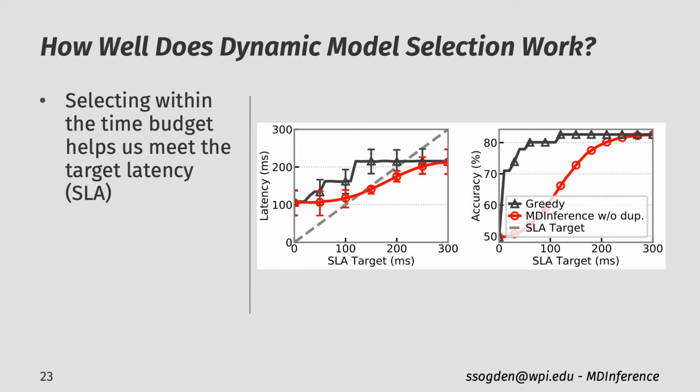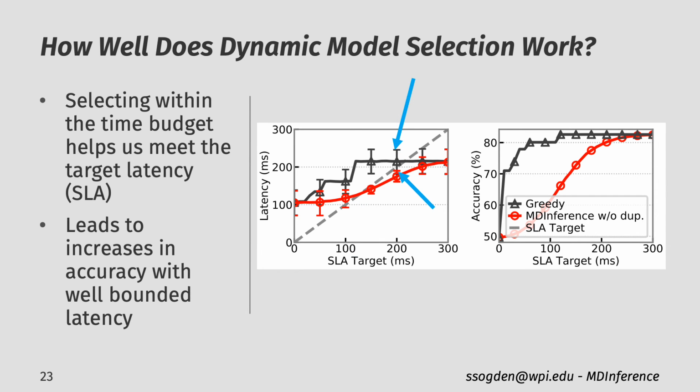So how well does MDInference work is the next question. To see this, we compare it to a greedy algorithm that selects models purely based on the SLA and does not consider the network transfer time at all. We can see that this greedy algorithm has significant difficulty in meeting SLA targets, while MDInference does so even at low latencies. Additionally, MDInference constrains the variation experienced.